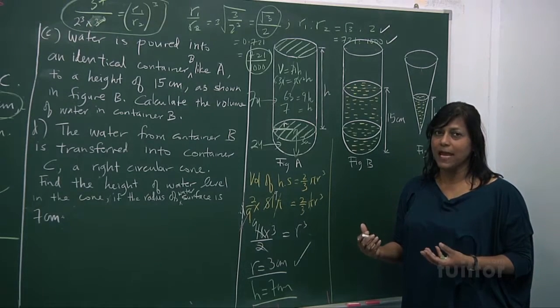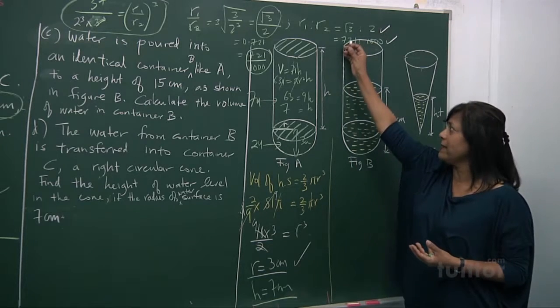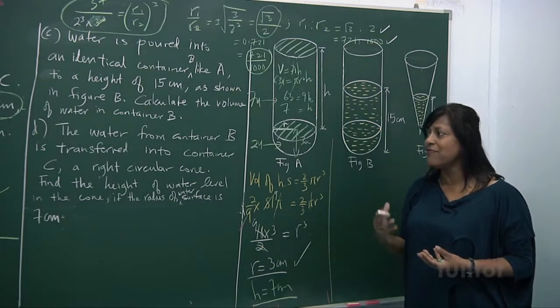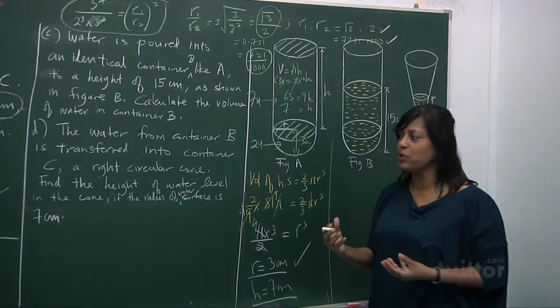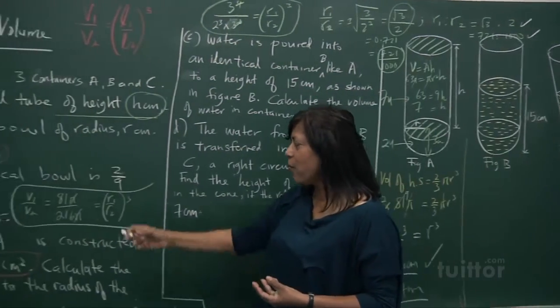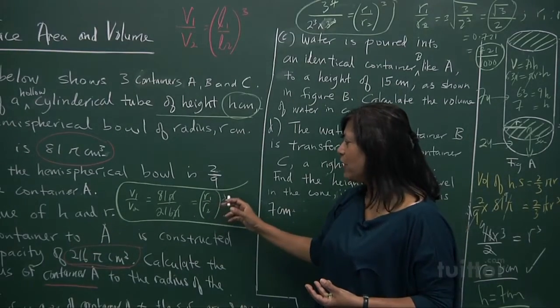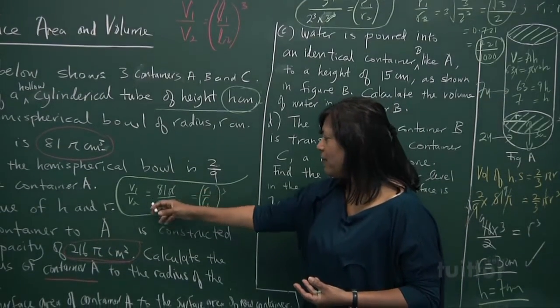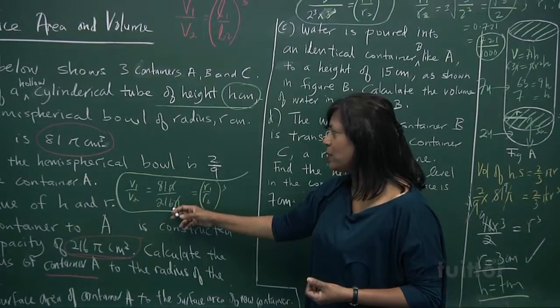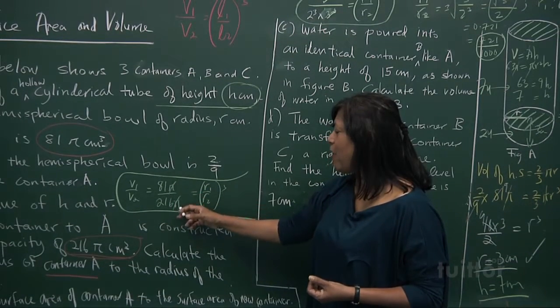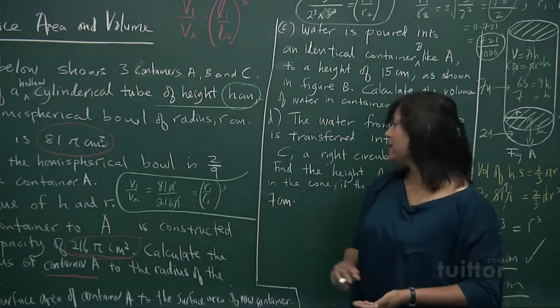All right, surface area. More than getting this, I want you to understand how we derive it. For the volume, the ratio of radius, V1 over V2 equals R1 over R2 cubed. You look at that, you find 81 pi over 216 pi, cancel it off, and then you can find the ratio.